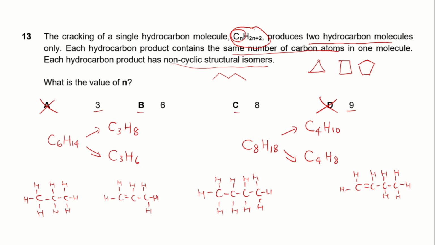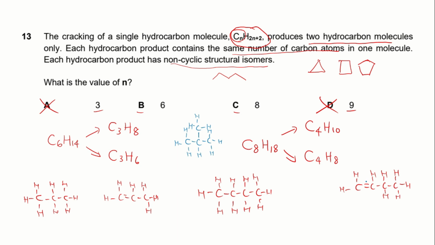Let me draw the first structural isomer of C4H10. The first structure that I draw was butane. The second one that I draw in blue pen is 2-methylpropane. These two are structural isomers of each other. So C4H10 has structural isomers.